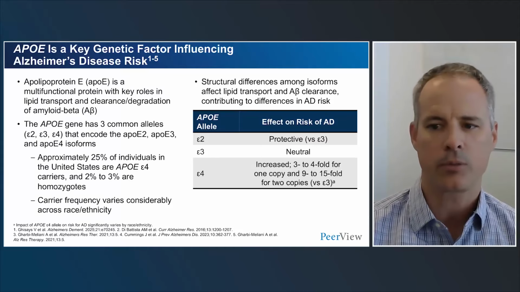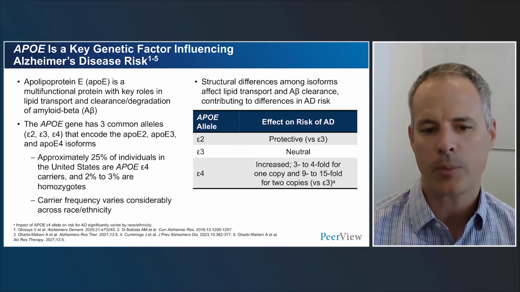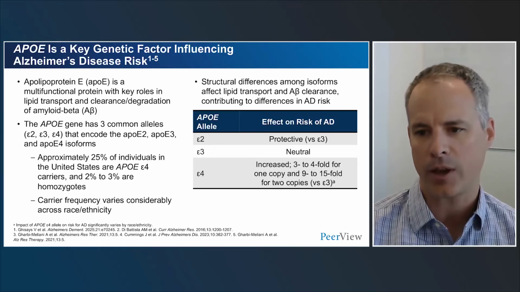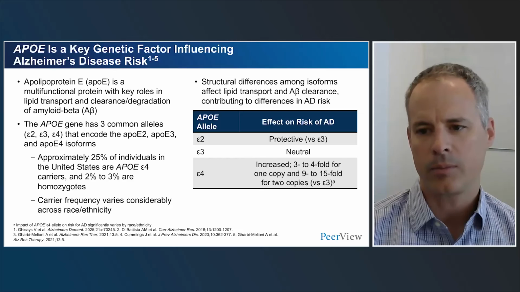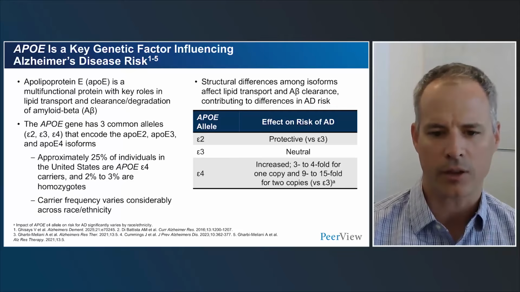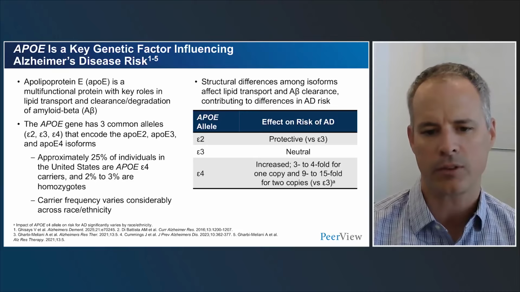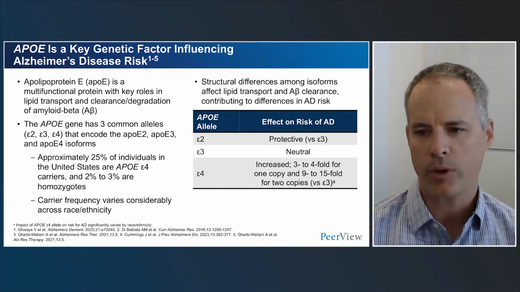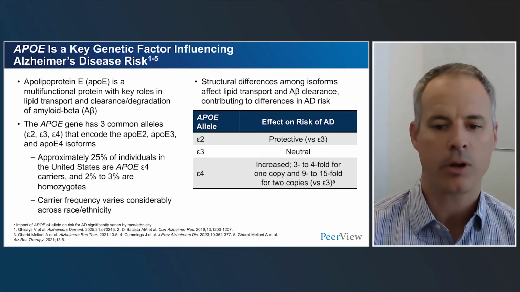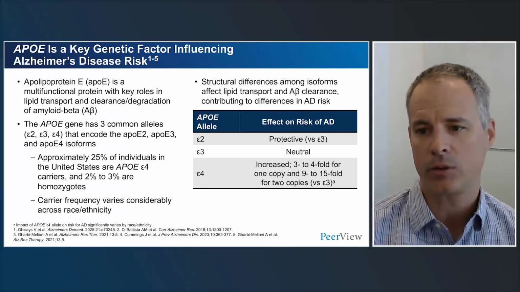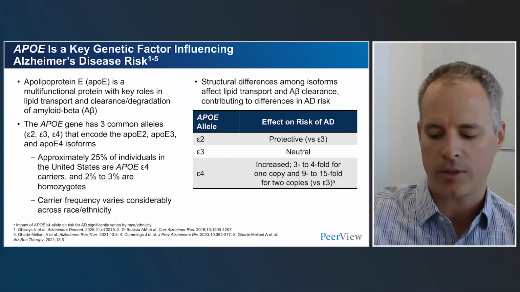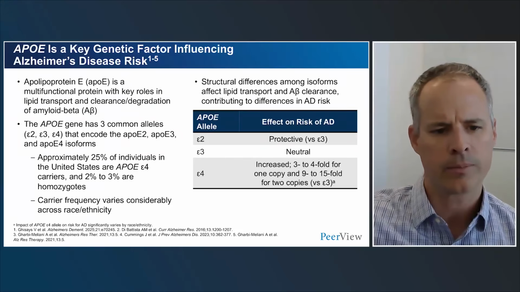It's the most common allele, so we consider it to be risk neutral, whereas APOE2 seems to have a protective effect on Alzheimer's disease risk, whereas APOE4 has a disease-enhancing effect. It actually increases your risk of having disease somewhere around threefold if you have one copy of APOE4, and 9 to 15, even higher than 15-fold if you're a homozygote, depending on your ethnicity, which we'll talk about later.